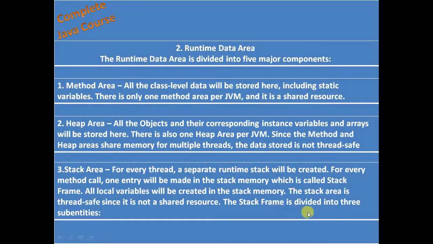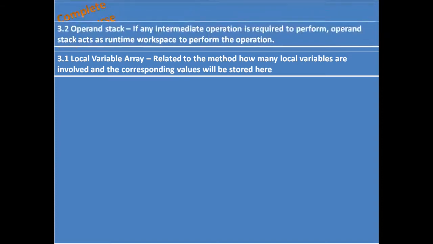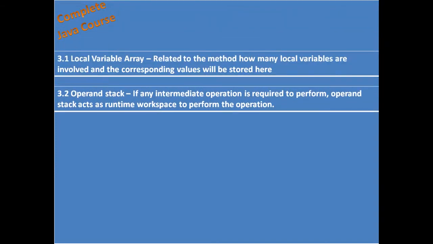The stack frame is divided into three sub entities. Number one, local variable array. Related to the method, how many local variables are involved and their corresponding values will be stored here. Number two, operand stack.